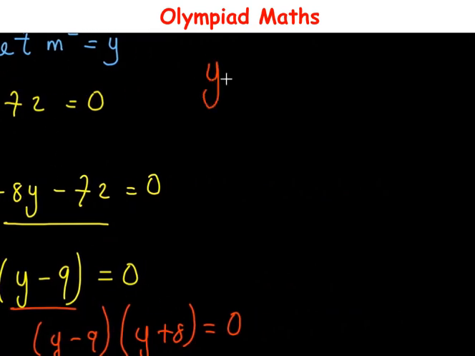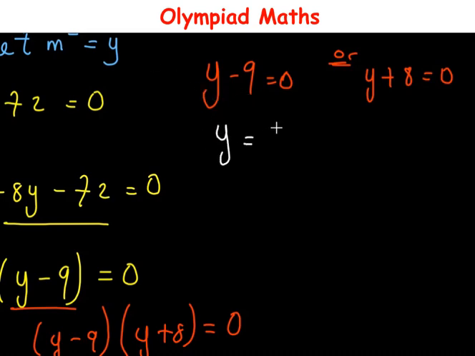So we have y minus 9 equals 0, or we have y plus 8 equals 0. And from this first linear equation, the value of y is equal to plus 9, or from here, y is equal to minus 8.